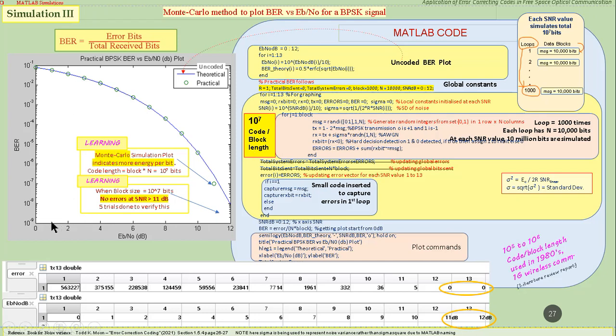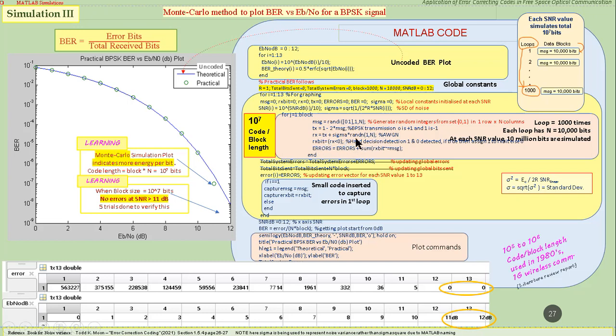So if our SNR is very small, then sigma will be very large, ending up with a huge number of errors. So in every 10 bits, one error will be there when our signal is at 0 decibels.